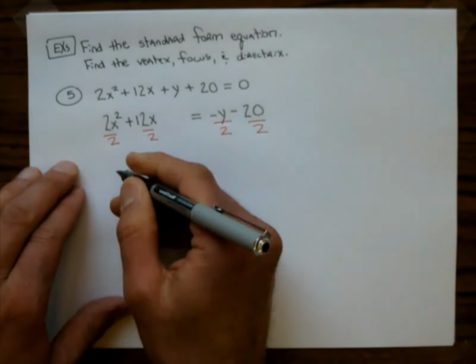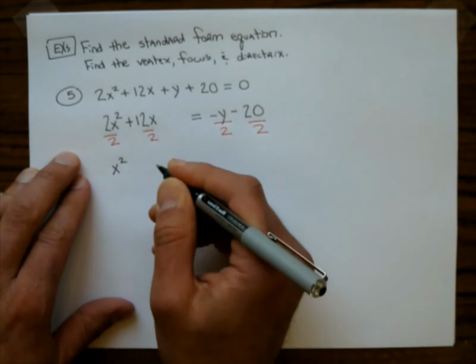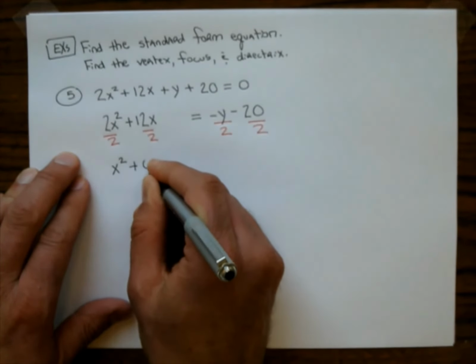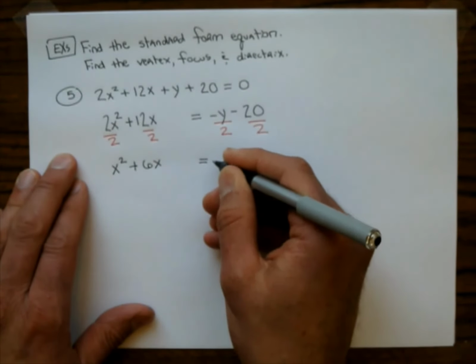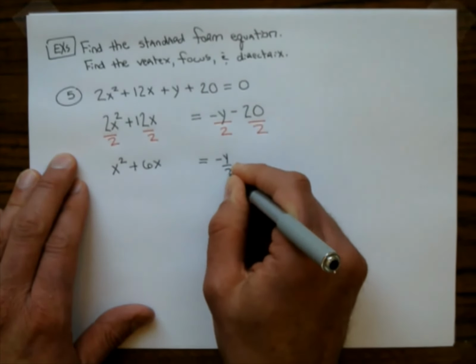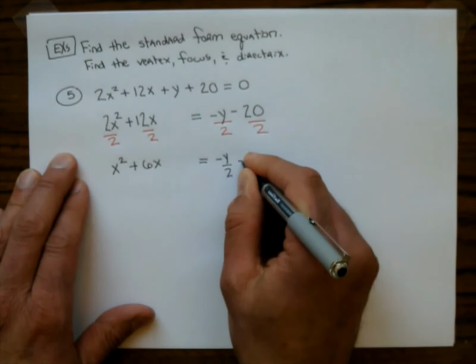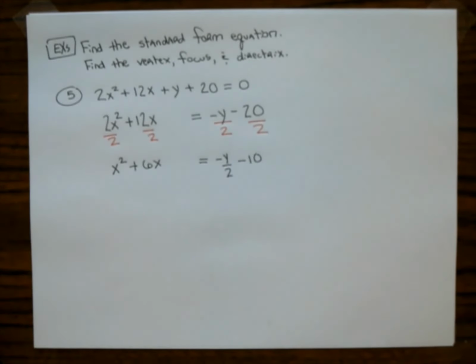So now I have x squared plus 6x. This equals negative y over 2 minus 10. Okay, so now it's time to complete the square.